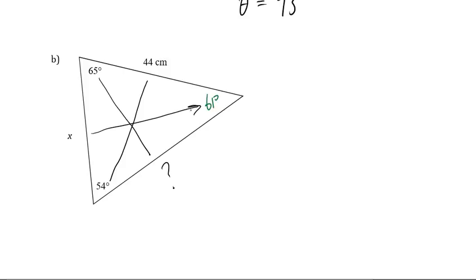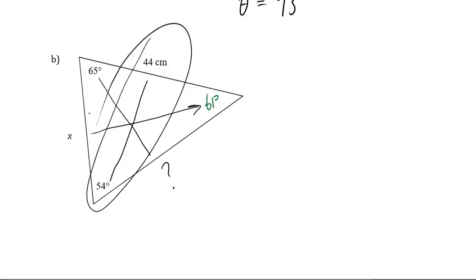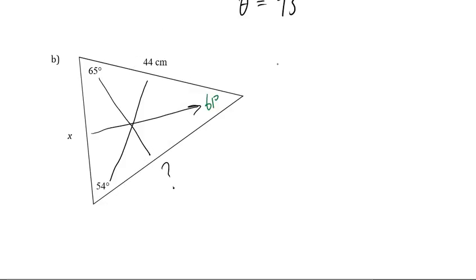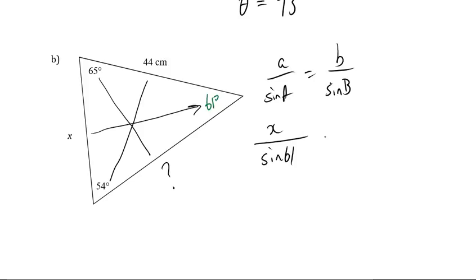Now I have two things that are across from each other, the 44 centimeters and the 54 degrees, and I have the angle across from x, so I can solve for x. I'm solving for a side length, so it's a over sine A equals b over sine B, and so I put x on top over sine 61 equals the side length again on top over sine of the angle.